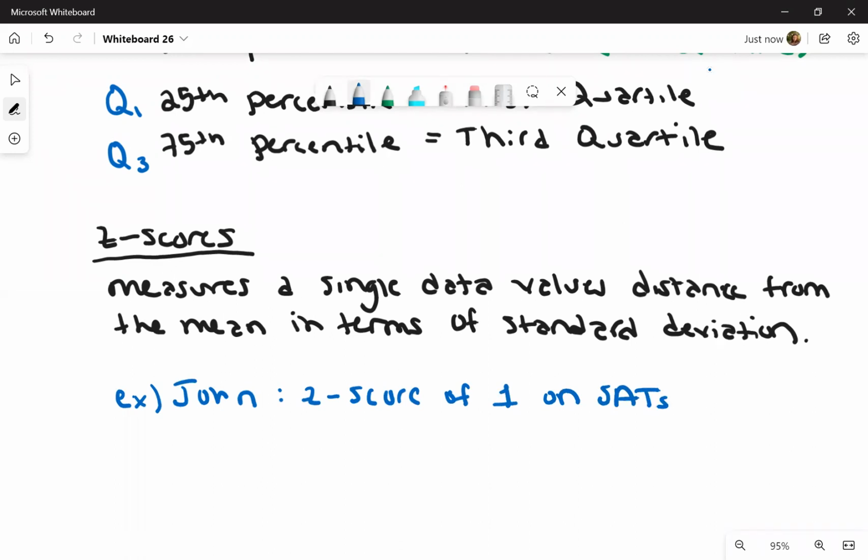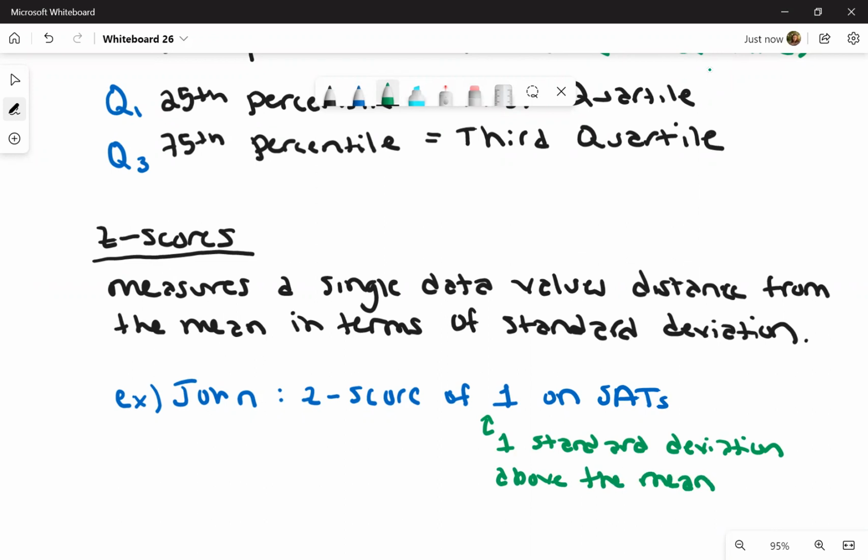Okay, so John took the SATs and he got a z-score of 1. That means he is 1 standard deviation above the mean. They kind of switch back to talking about standard deviations after talking about percentages. So it's 1 standard deviation above the mean.